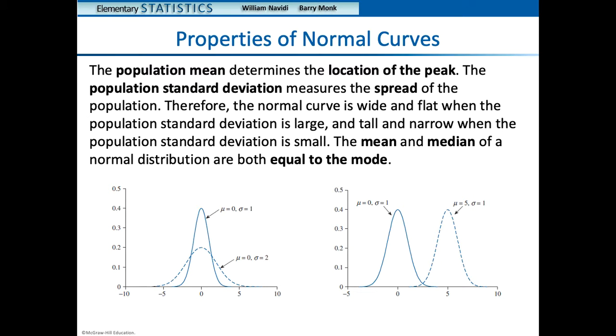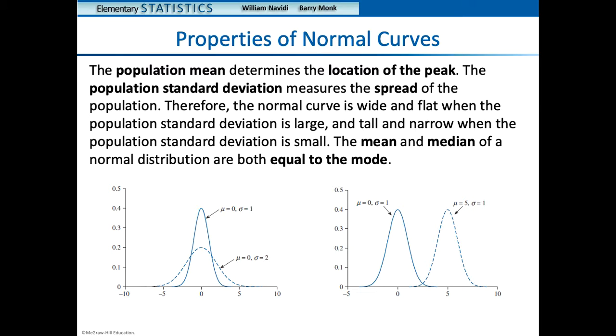And again, just noting that the mean and the median of a normal distribution are both equal to the mode. If you recall from our section in chapter 3 about measures of center, that's where we discussed the mean, the median, and the mode, right? The median is simply defined as the number in the middle. And because the normal curve is symmetric, that's just going to fall right in the center. And the mean will fall right there as well, right?